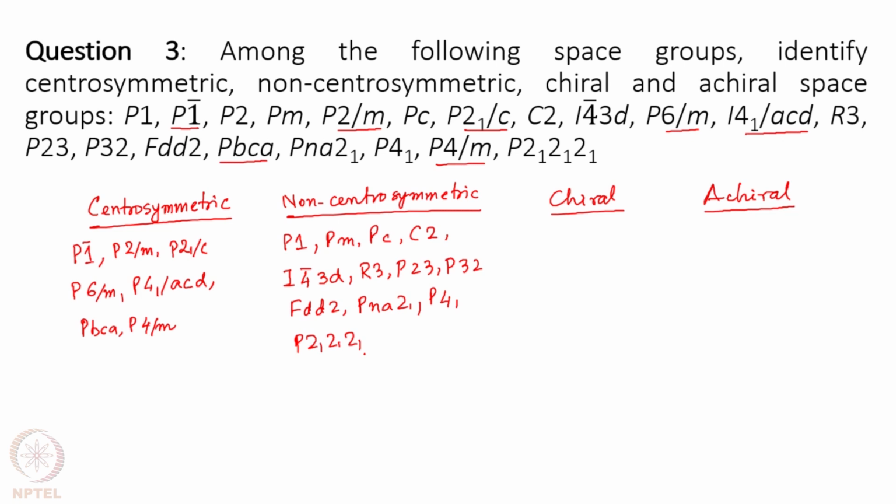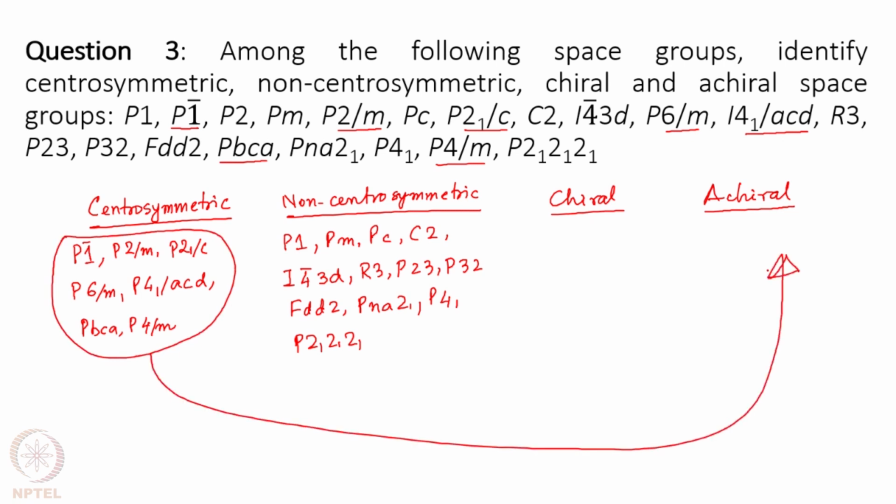So now among them, which are chiral and which are not chiral? Of course, all centrosymmetric space groups are achiral space groups, no doubt about it. Plus, the space groups which are non-centrosymmetric but contain a mirror plane like PM, PC, I4 bar 3D, FDD2, PNA21, these are achiral space groups.